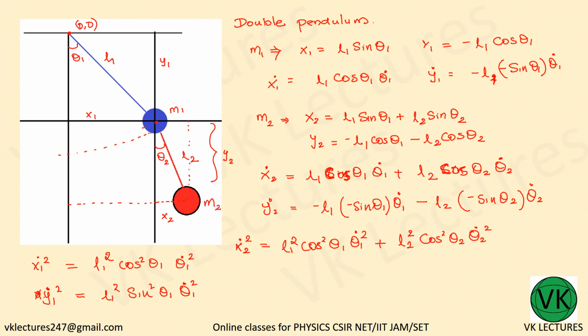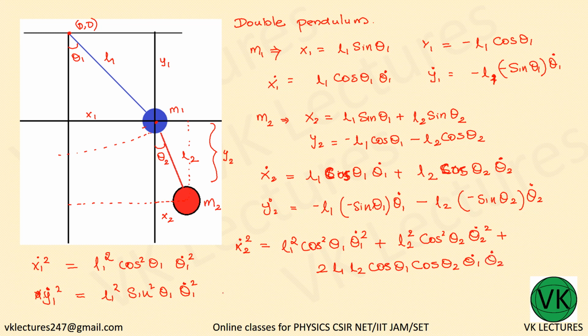So this is a squared plus b squared plus 2 times L1 L2 cos theta 1 cos theta 2 theta 1 dot theta 2 dot.